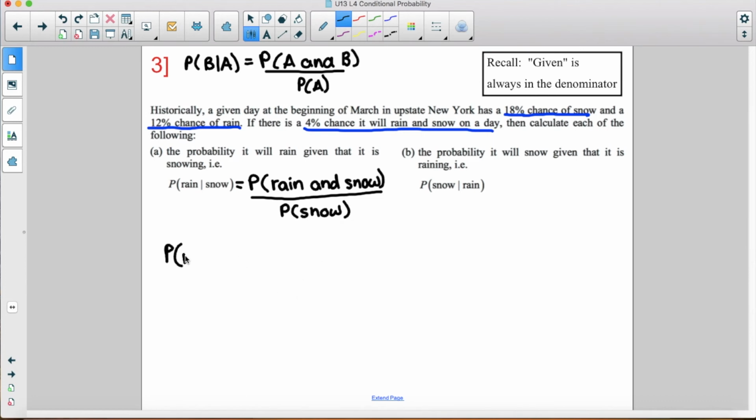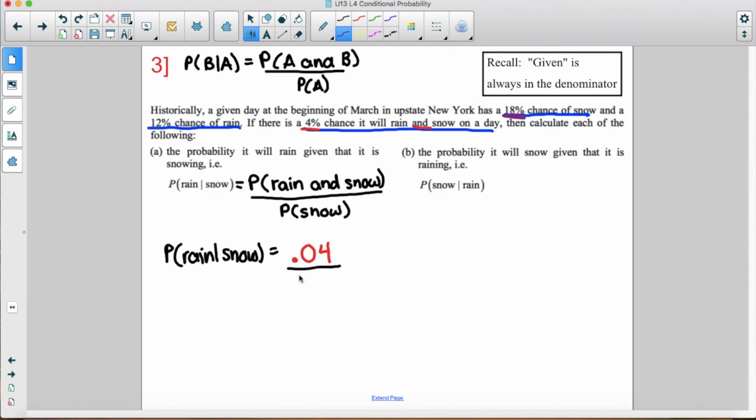So probability of rain given snow is equal to the probability of rain and snow. It says that there's a 4% chance it will rain and snow. So it's 4%. We don't like putting percents in our equation, so we're going to change it to 0.04 because we don't like percents when we are dealing with some type of operation. Now we're looking at the percentage of snow, and there's an 18% chance of snow.